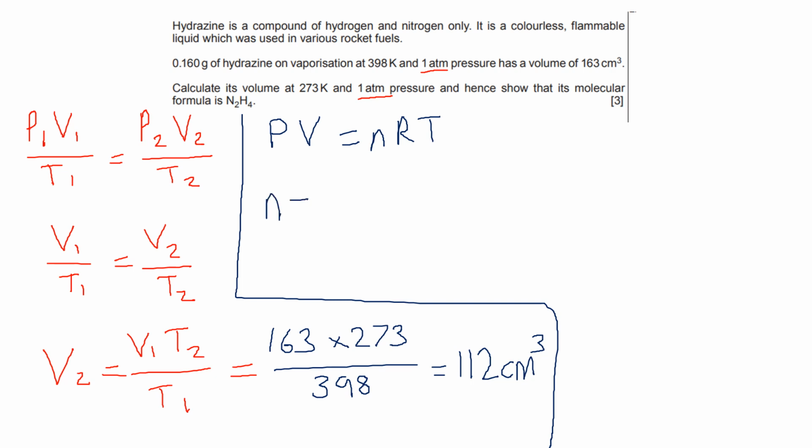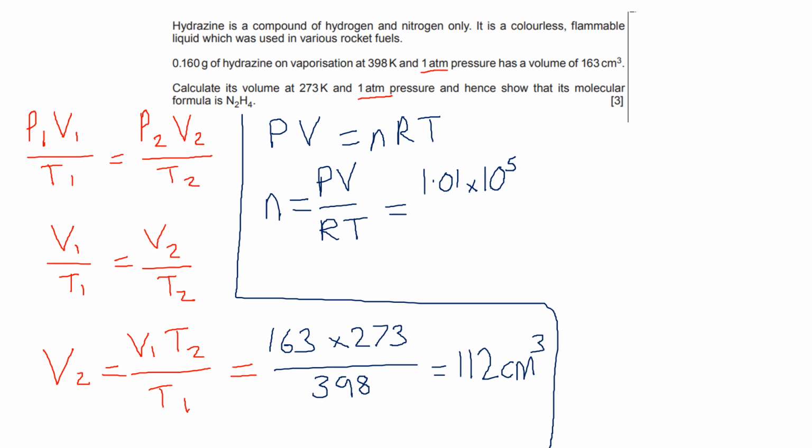So we're going to say that n equals PV over RT. Now the pressure is 1 atmosphere. Now that is 1.01 times 10 to the power of 5 pascals. You can just get that on your data sheet. I'm not super clever, you just look it up on your data sheet.